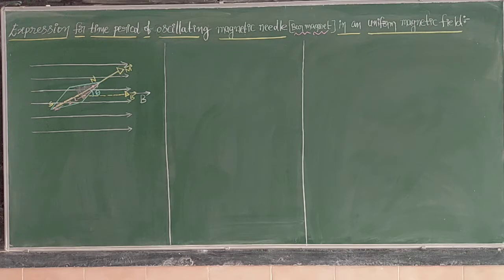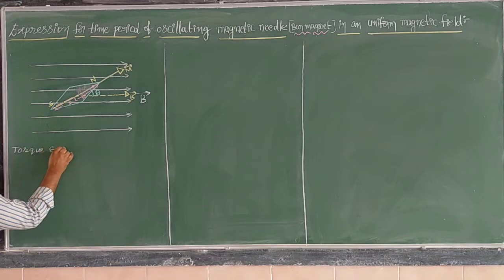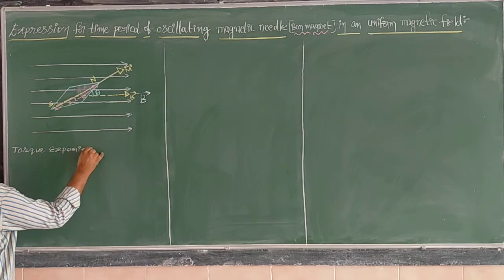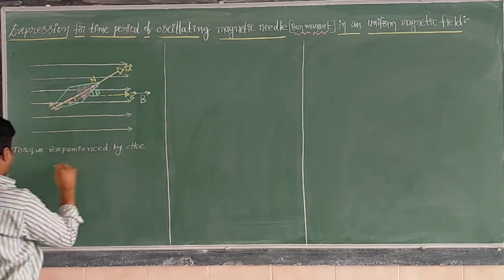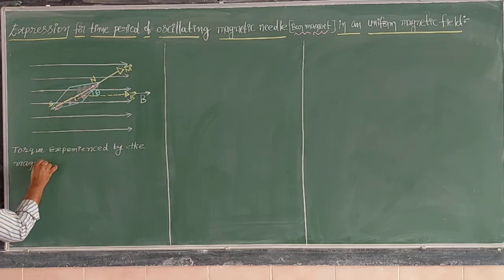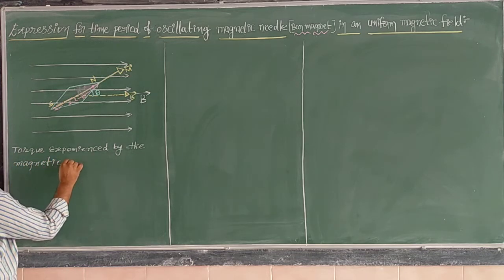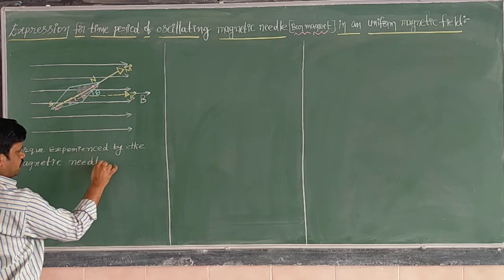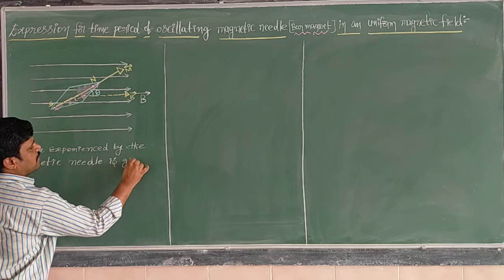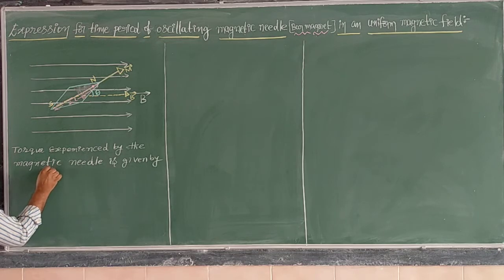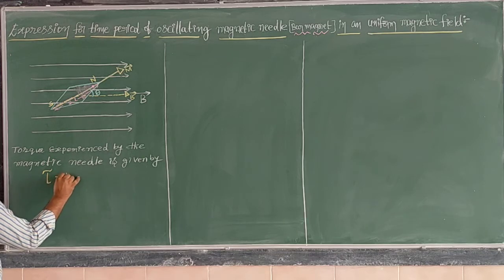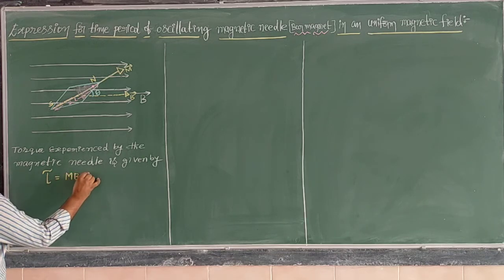Now, the torque experienced by the magnetic needle is given by, tau is equal to mB sin theta.